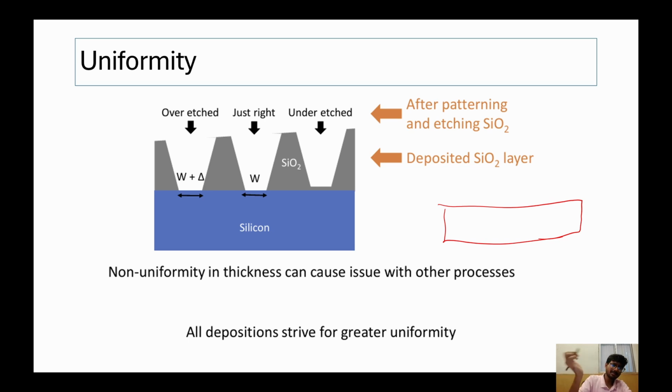If the silicon dioxide is like this, the thickness of the material at this point is less than the thickness at this position. This is a highly undesired condition.